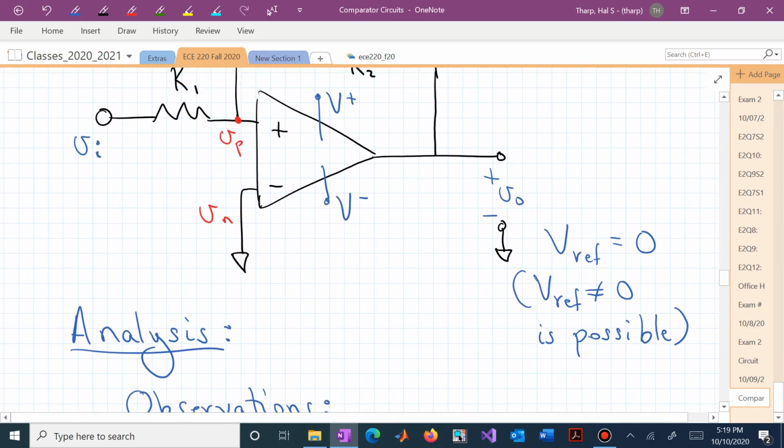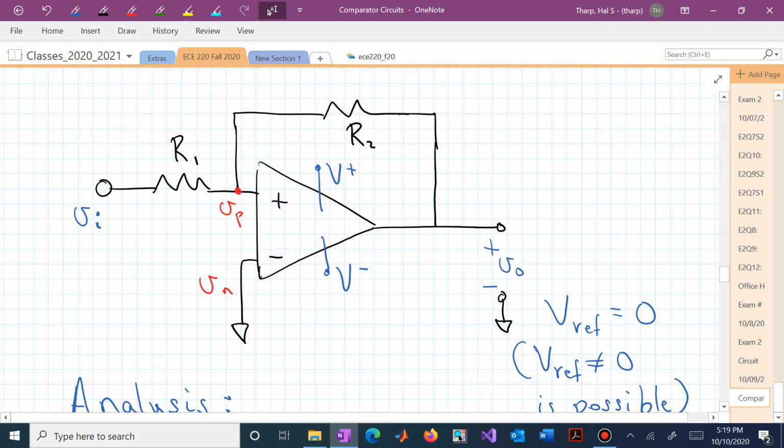Now, if V sub p was in fact bigger than V sub n, then with this positive feedback, with the behavior being reinforced, without that R sub 2 present we would immediately go to the positive rail. But now we're saying, oh, V naught is positive.